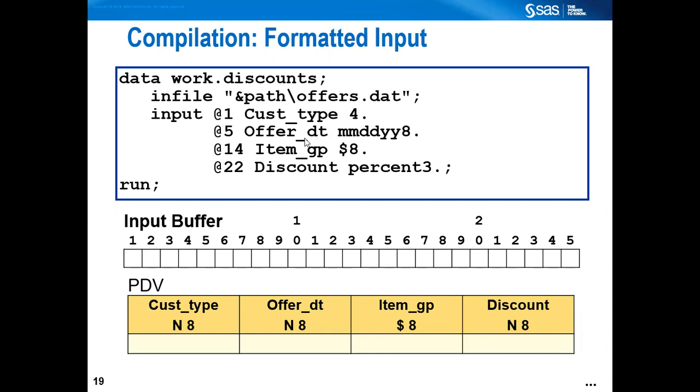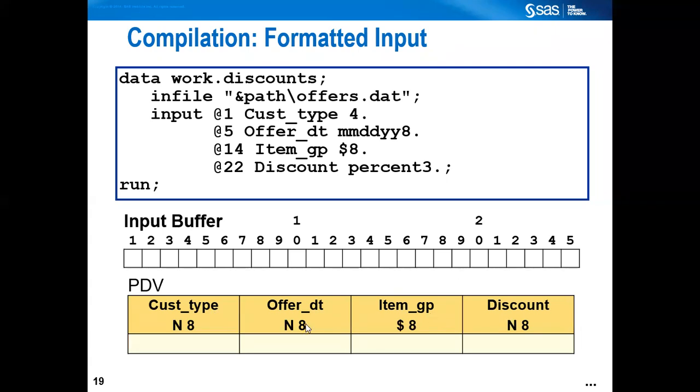Depending on this, it understands it is numeric, and 8 is the width. Now item group, you're telling it with a dollar sign: the name of the column, dollar indicates it's character, its width is 8. The same goes for discount. Like this, during compilation, your input buffer is created and your PDV has been created.